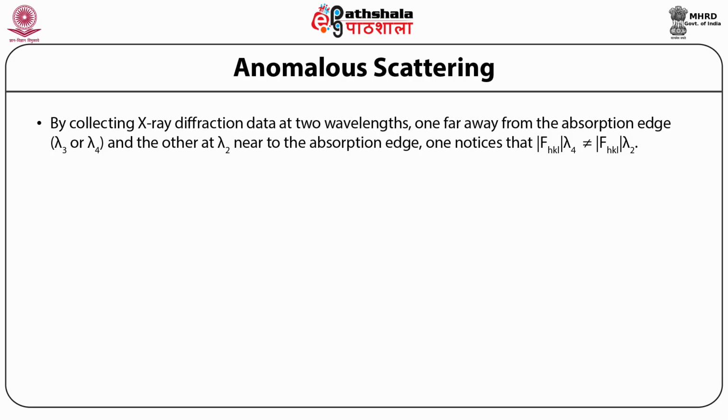So this means that the real part of the atomic scattering factor is varying a lot, which indirectly means that near the absorption frequency wavelength, an atom behaves like some other atom, which we will see again later in connection with the multiple isomorphous replacement technique.